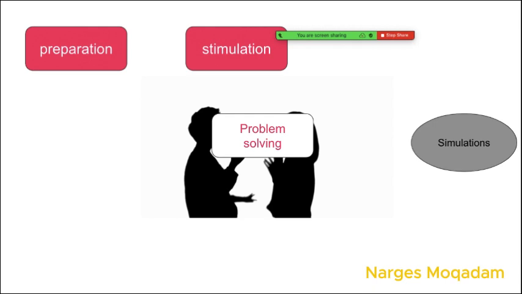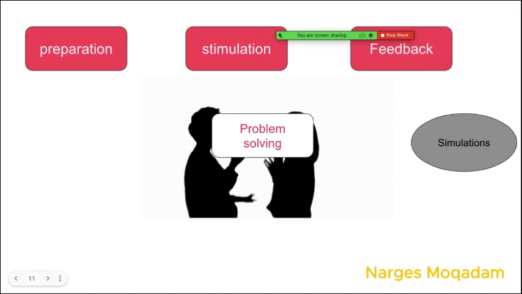Then we have the simulation. They come to class, they work together in pairs or in groups, let's say. And while they are working in simulation, you just need to make sure they are on track, so you monitor them very carefully. And there is another stage which we call feedback, and for having a good feedback, you need to record the materials you're using.